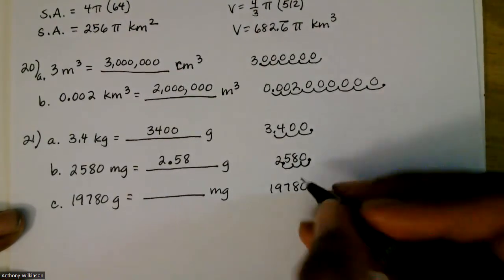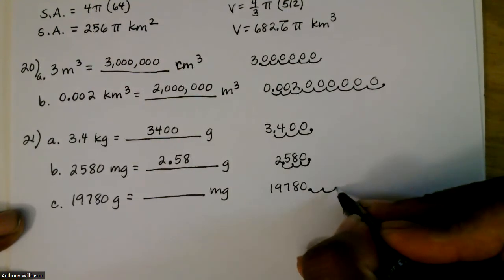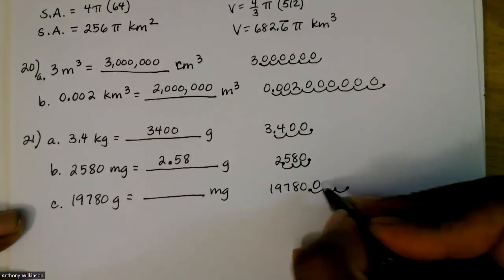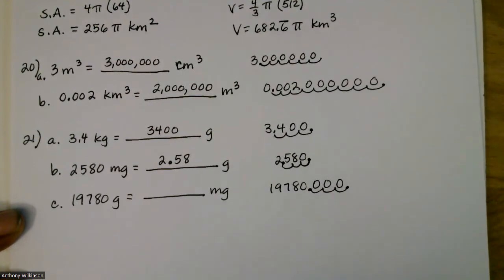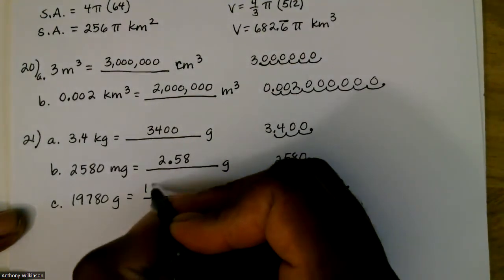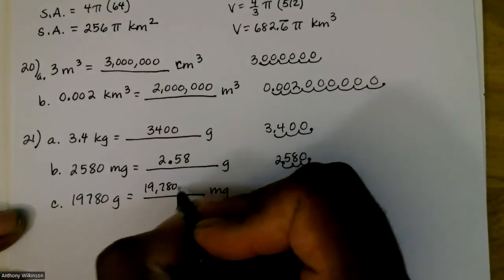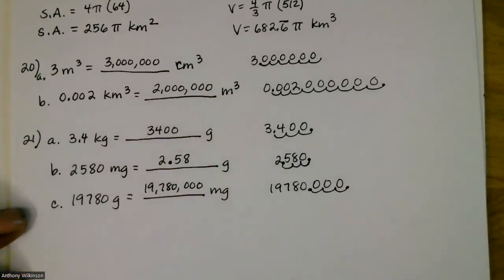I need to move that decimal point 1, 2, 3 places. You'll need 3 zeros here to do that. So this will be 19,780,000. So 19,780 grams will be equivalent to 19,780,000 milligrams.